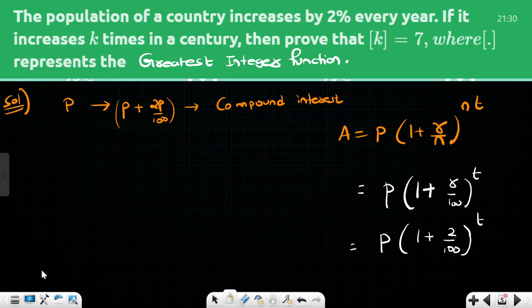I think 1 plus 2 by 100 power P. Here the compound interest formula is troubling us, whether we should take it like this or like this.